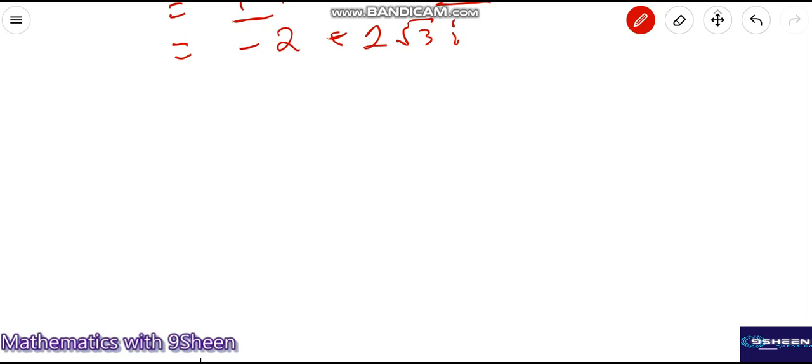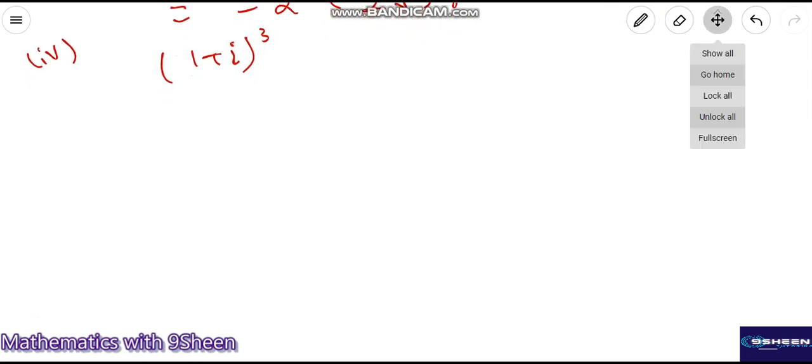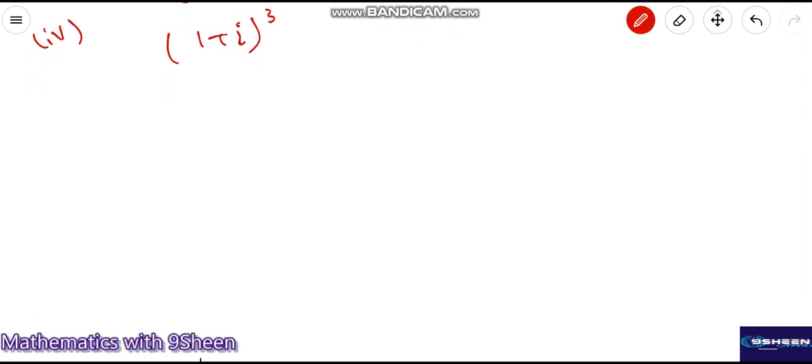Third part you can do by yourself. Number 4 part, (1 plus iota) whole cube. What is the formula of cube? You know, (a plus b) whole cube is equal to a cube plus 3a square b plus 3ab square plus b cube.